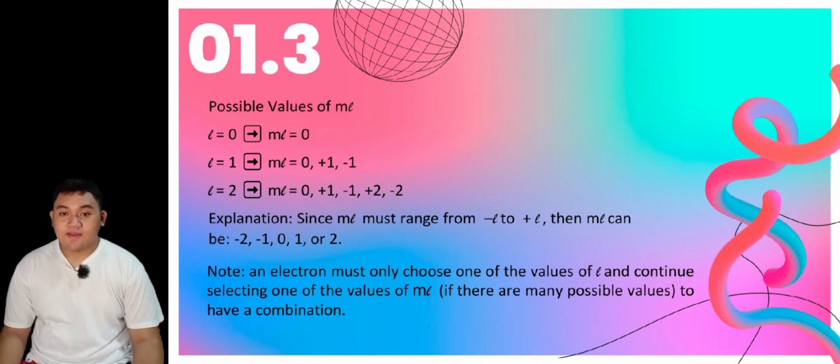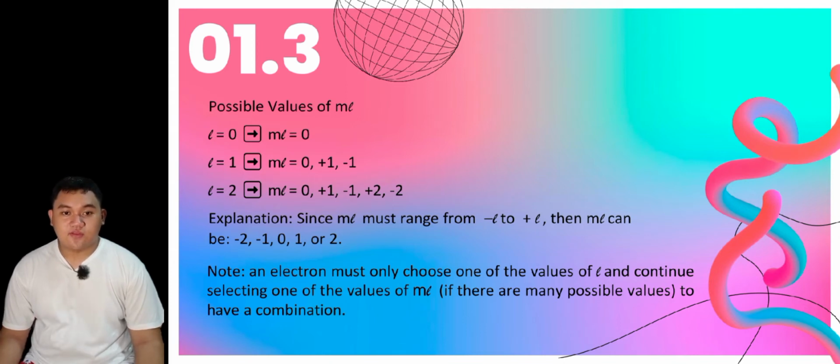Well, m sub L starts with 0 and it works its way all the way up to plus or minus L. And since we're starting from 0 to plus or minus L, the possible values of ML here are 5 only, namely 0, positive 1, negative 1, positive 2, and negative 2.